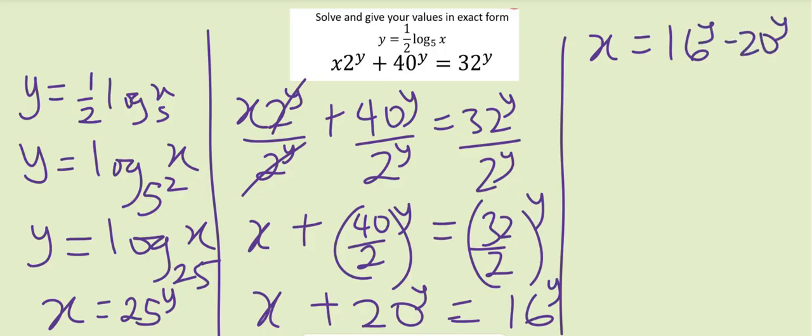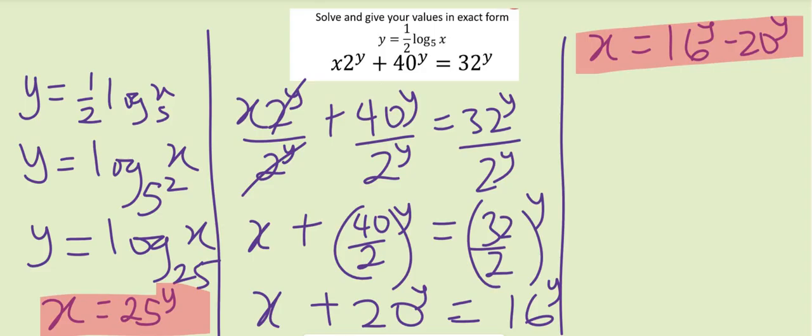I have two equations given in terms of y. I've made x the subject of formula from both, so what I need to do is to equate both of them together. Since this is x equal to 25 to the power of y and this is also x equal to 16 to the power of y minus 20 to the power of y, I just need to equate both of them together.